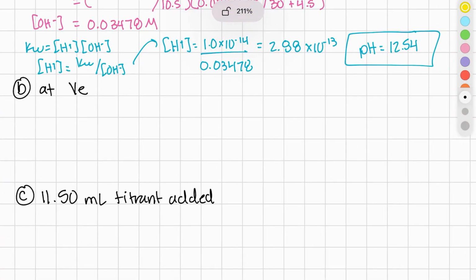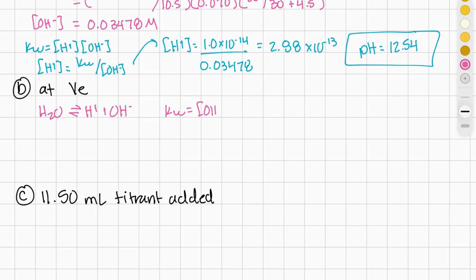So when we are in a solution with a strong acid and a strong base, at VE is actually pretty nice. We can think of it this way: this is our reaction at this point, and pH is determined by the Kw. So we know that Kw is OH minus times H plus.